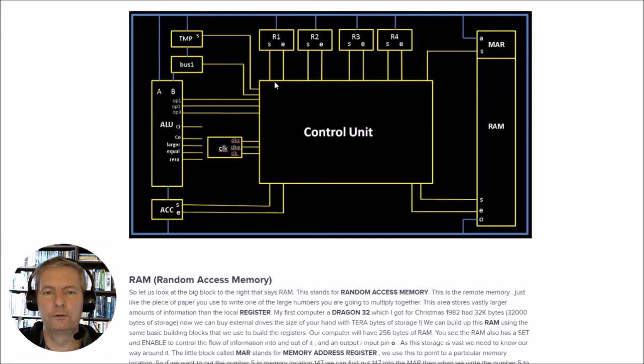So we've said that in order to allow this CPU to do useful things like adding two numbers together, we have to control the flow of information round about the CPU, and we do that by changing the set and enable values in the registers, in the temp register, in the RAM and the memory address register, the accumulator, and the ALU. Now, the unit that controls all of this flow of information is called the control unit, and this is what we're going to talk about over the rest of the blog.